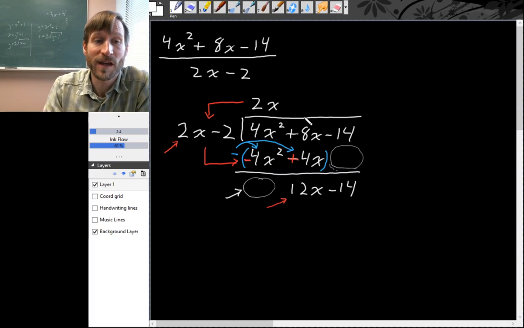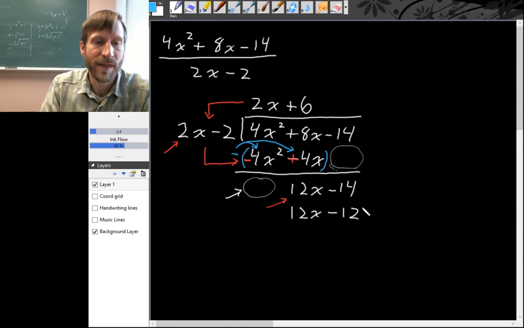So now we do the whole thing again. We ask ourselves, what times 2x is 12x? And that would be 6, so we need to add plus 6 right here. So 6 times 2x is 12x, and 6 times negative 2 is negative 12. And then we subtract.